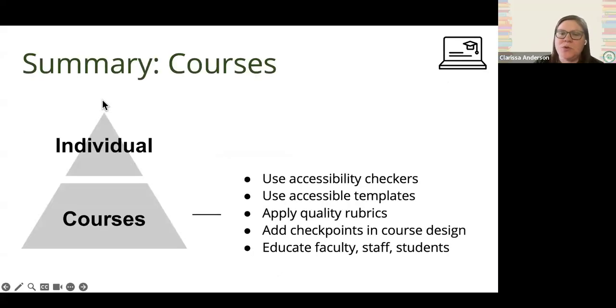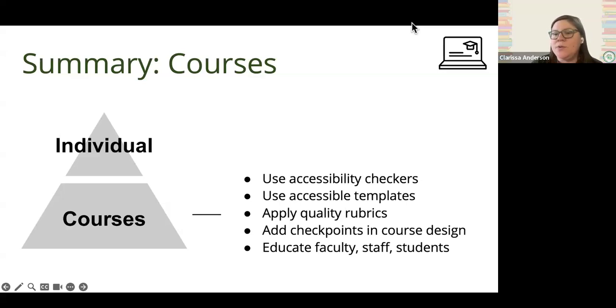To summarize with the courses, think of some of those accessibility checkers. I didn't devote a whole slide to it, but a lot of things like Microsoft Office have built-in accessible templates. For example, if you're using PowerPoint, using the built-in templates is way more accessible than handcrafting some of those slides.